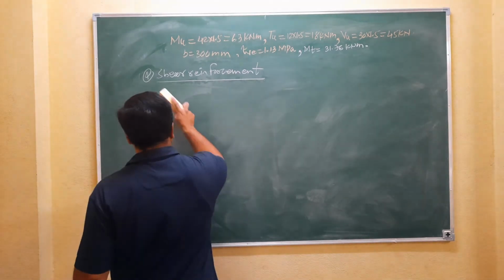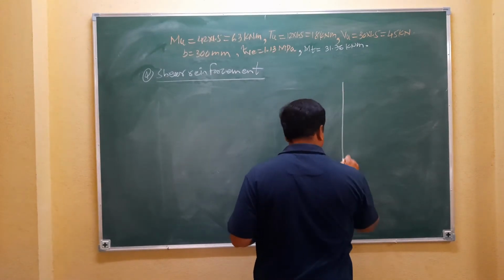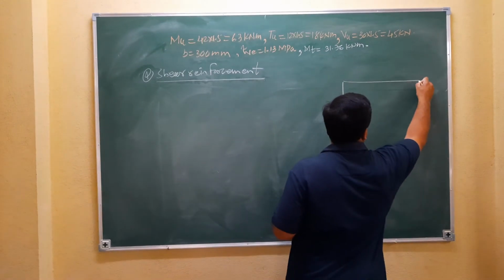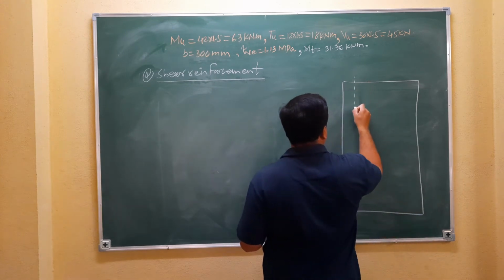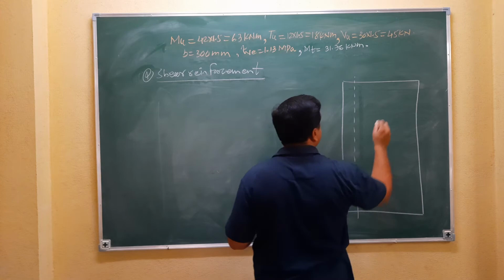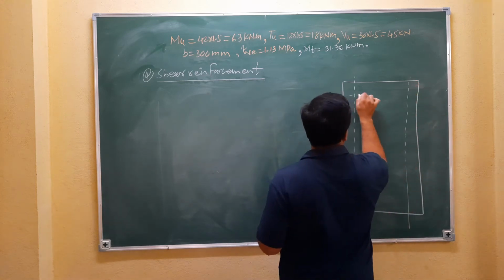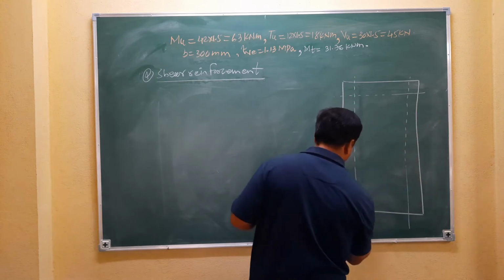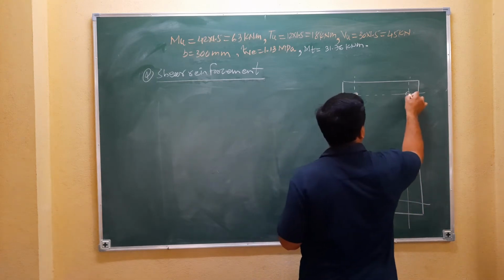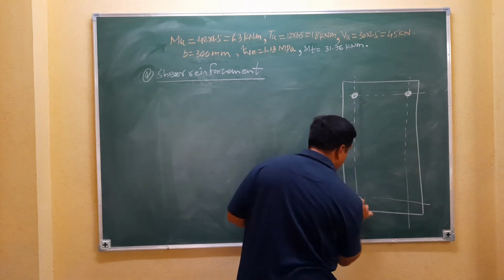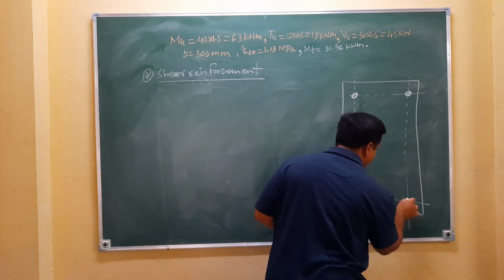So I want to sketch this diagram here. Okay, so this is the beam. This is the alignment of tension and compression steel. Okay, alignment axis. Provide a 16 mm bar diameter 2 at top. Provide a 16 mm bar diameter 4 at bottom.